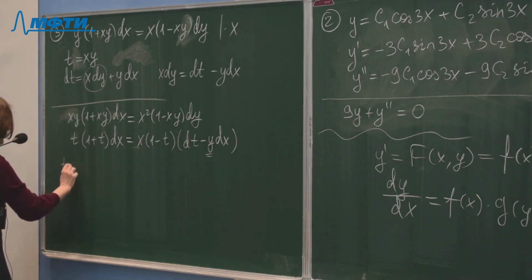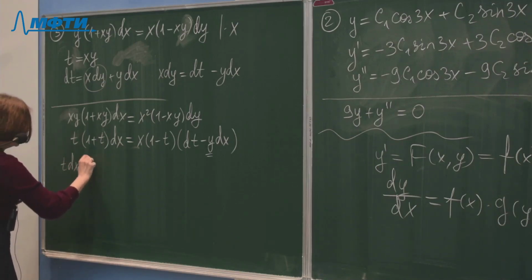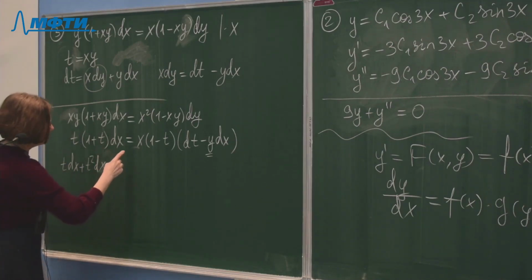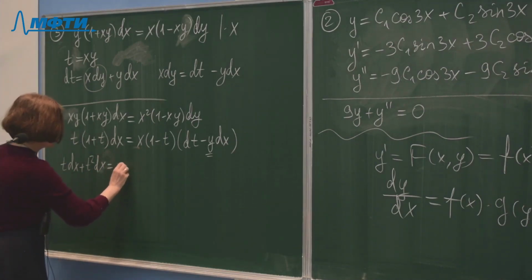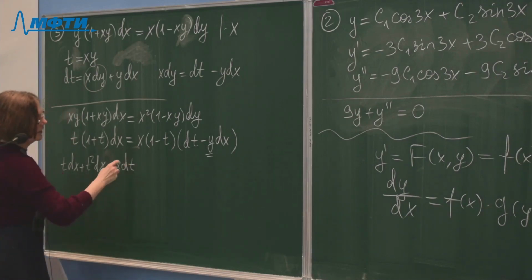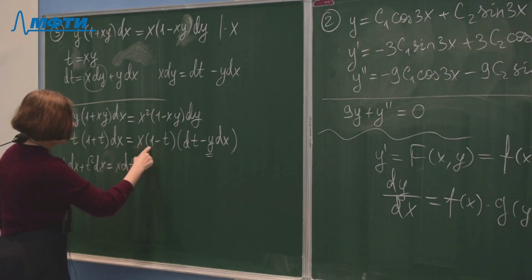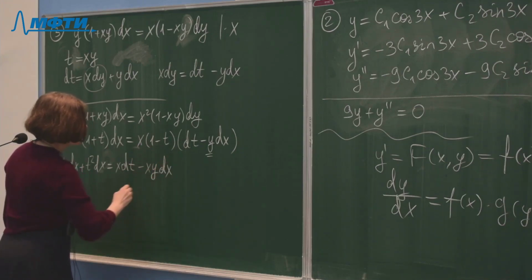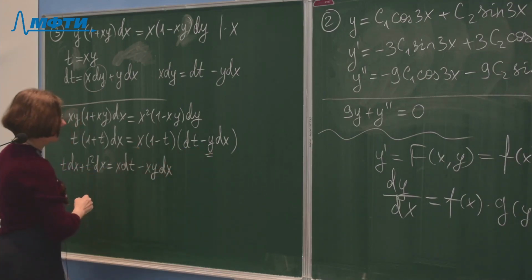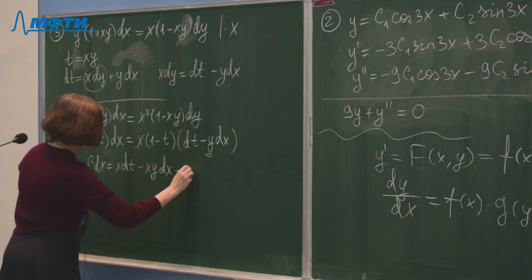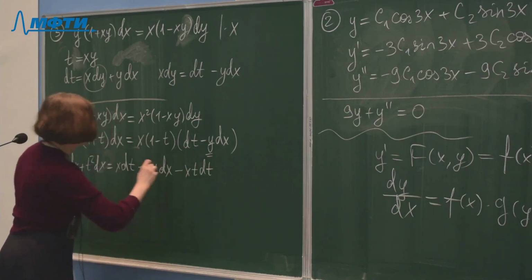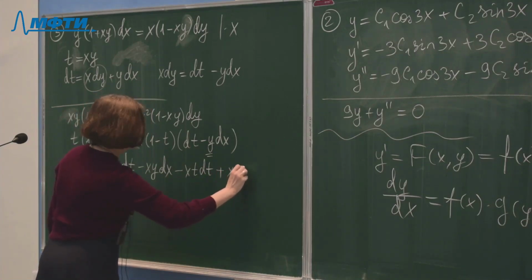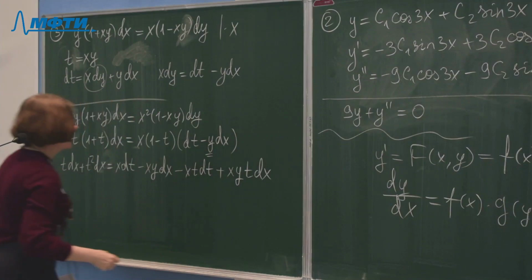We will get the following: t dx plus t squared dx equals, now it will be x dt, so minus xy dx minus xt dt plus xy t dx. So just expand.